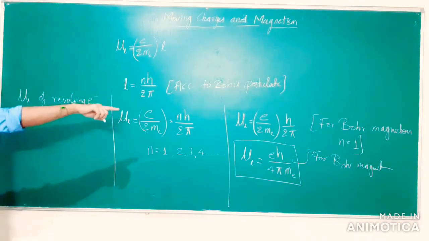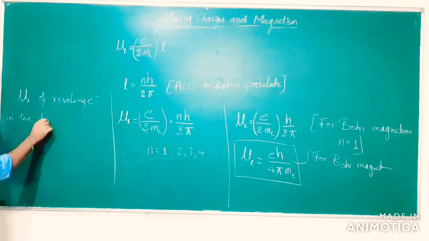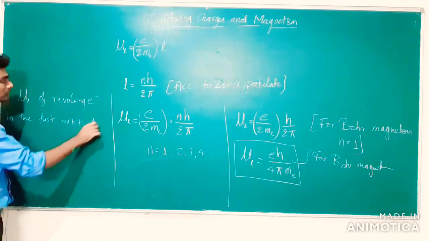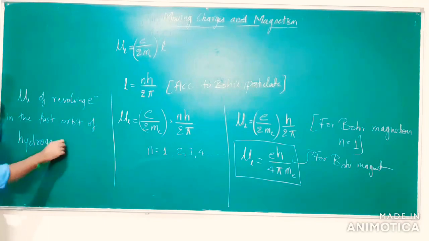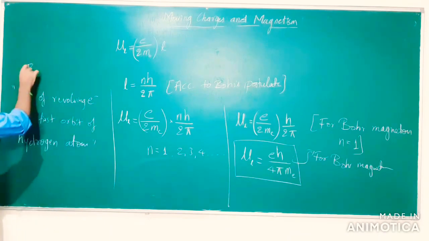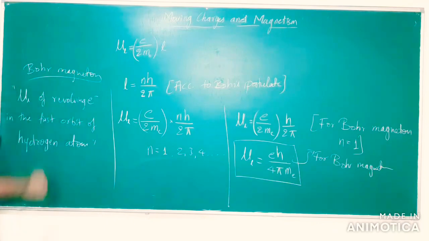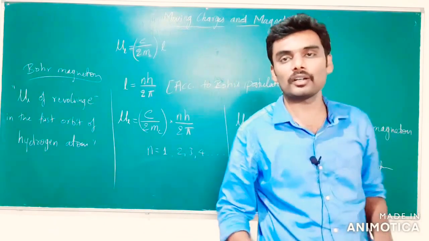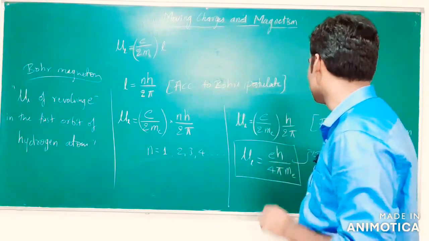First orbit makes sense when I take n is equal to 1. This hydrogen atom is the basic consideration that we took, right? So this is the definition of Bohr Magneton, isn't it? Easy. So Bohr Magneton is nothing but the magnetic dipole moment of a revolving electron in the first orbit of hydrogen atom. That definition is important, and this derivation is also important.